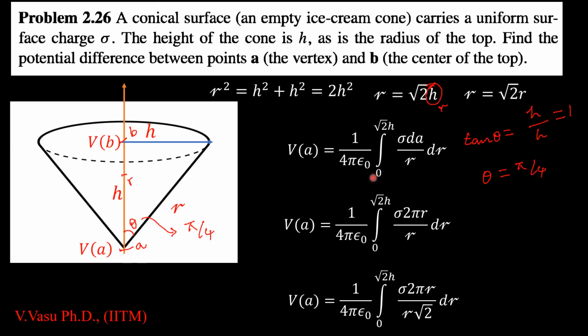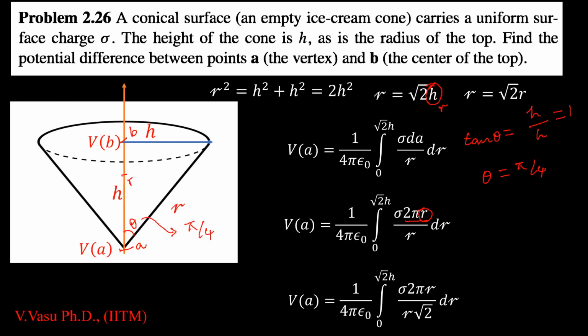So we are integrating between 0 and script R, that is square root of 2 h, of sigma dA, small area element, divided by script R, d script R. Now dA is equal to 2 pi r, and here we can replace r using this formula.